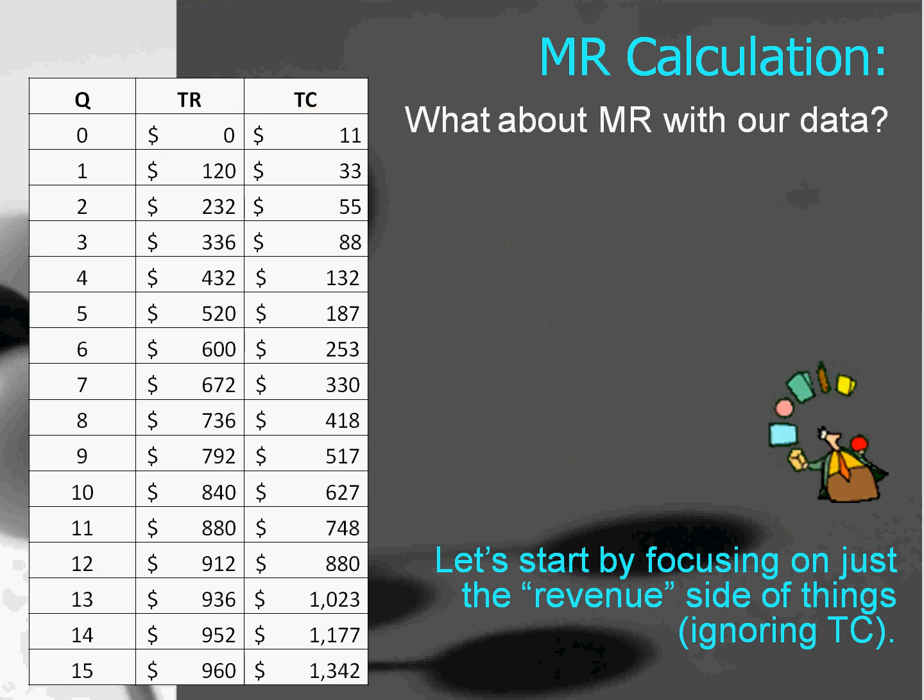In an effort to understand this, let's look at this very quickly. At the third unit of output, producing 3 widgets, the total revenue is $336 and the total cost is $88. Here at the 15th unit of production, our total revenue is $960 and our total cost is $1,342.